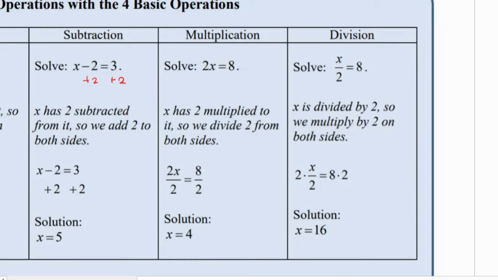It is the same as division. To cancel dividing by 2, you have to multiply by 2. Remember, whatever you do on one side, you have to do the same thing on the other side. So multiply by 2. Cancel, cancel. X is isolated. And the answer is 16.